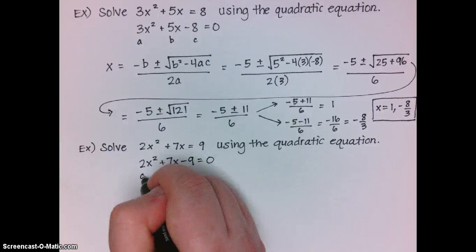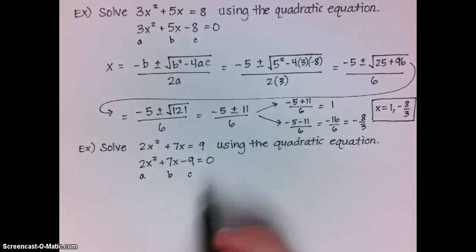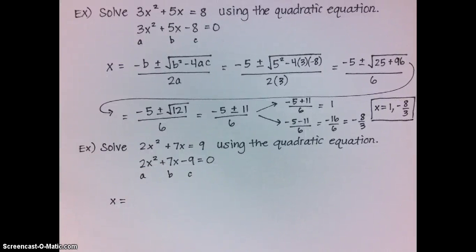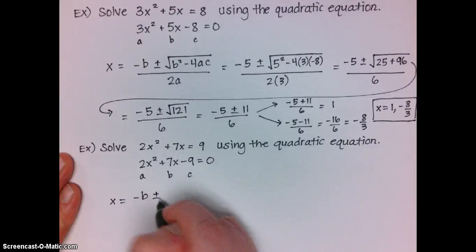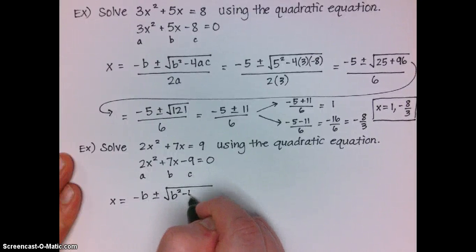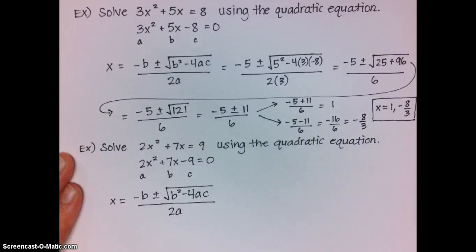So now I can see my a and my b and my c. And I can plug them into my quadratic formula. Let's write it again. x is equal to negative b plus or minus the square root of b squared minus 4 times a times c, all divided by 2 times a.